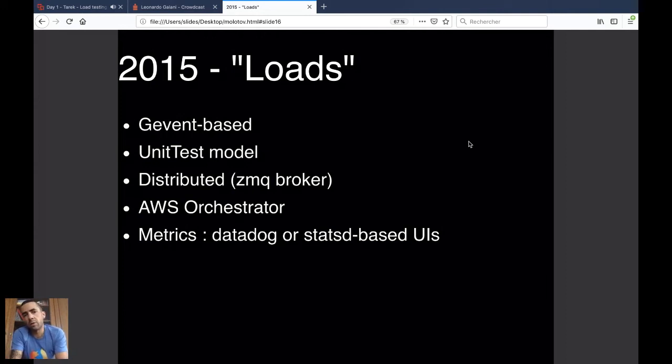It also uses a ZeroMQ broker, but the difference is that instead of having a central piece deployed to run the test on several boxes, we wanted the central piece deployed by Amazon using the orchestrator they have there. And we wanted to use the metrics provided by a service called Datadog. So it was very Mozilla specific, and that's why we didn't use tools like Locust.